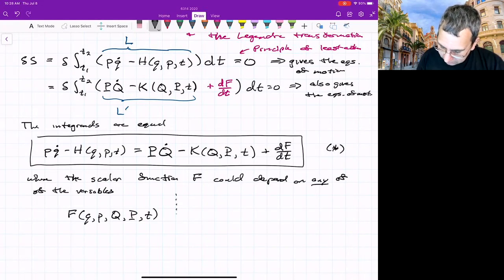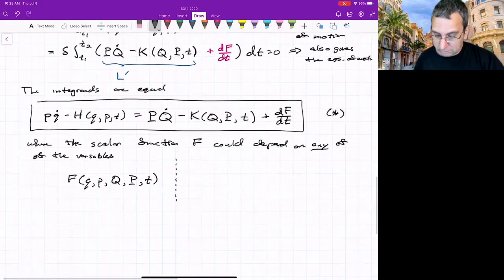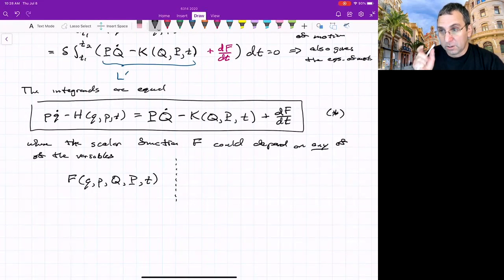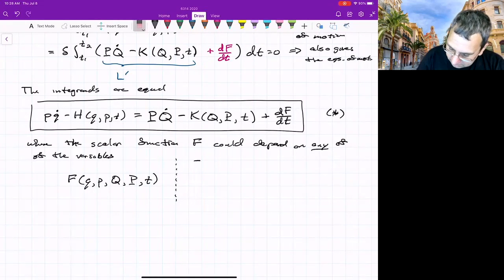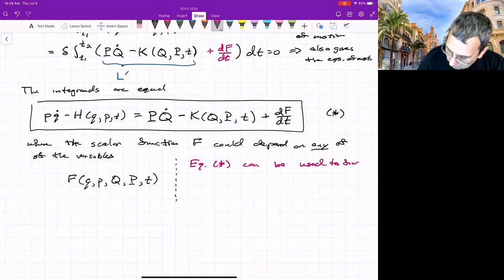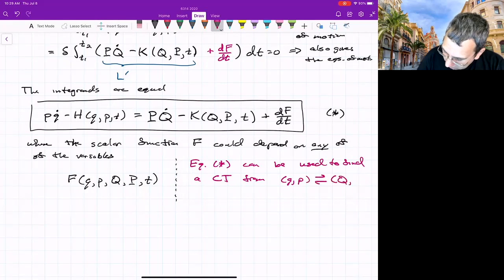And so the process that we're going to follow, we're going to use that starred equation up there to find a canonical transformation from the little q's and p's to the big Q's and P's. So that's where things are going, going both ways.